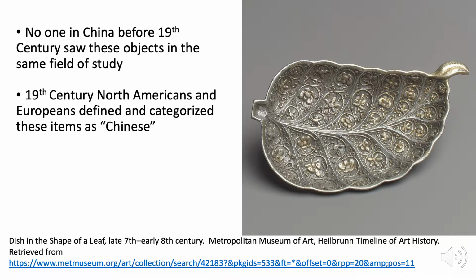The last piece we looked at was more of a decorative piece that might have actually been used in the export market along the Silk Road. We'll also be looking at things like silk paintings, which would serve an entirely different functionality of beautification in the home. So all of these objects were seen as having very different functions, and today we call them Asian art.